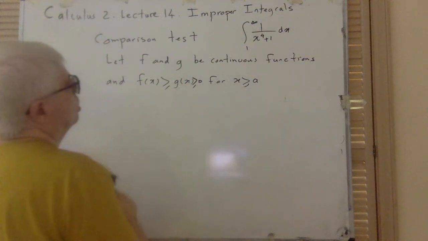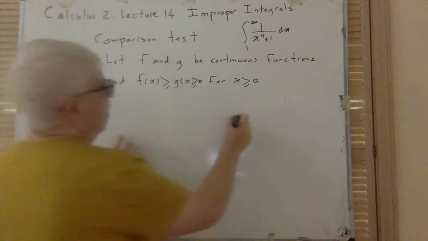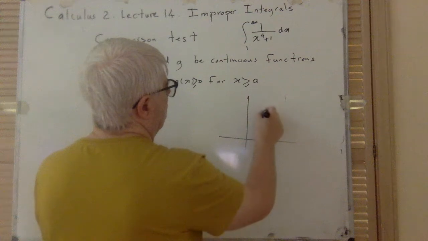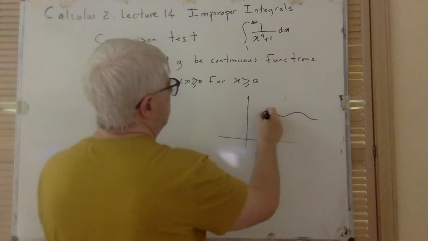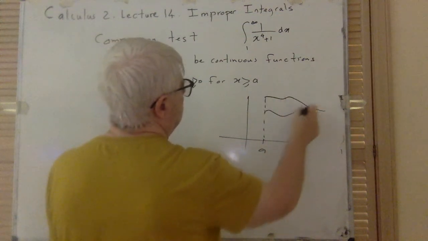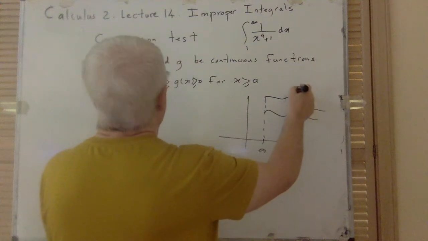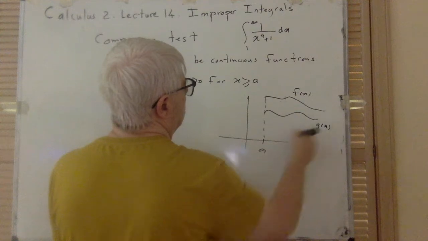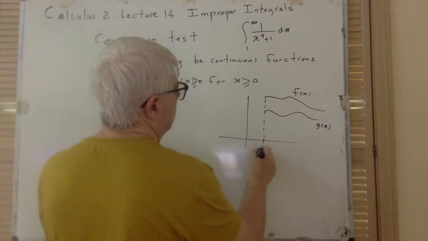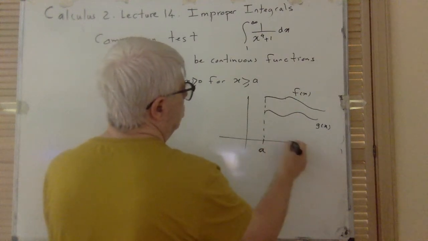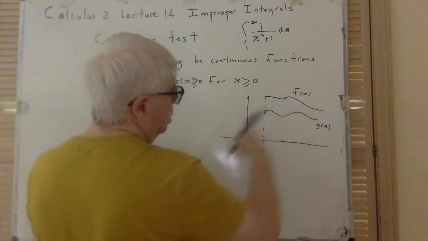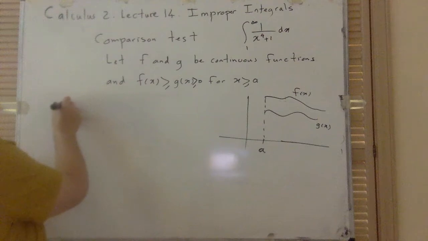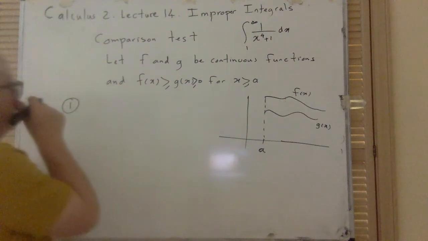So these two functions are like this. Say a to infinity, this might be f, this might be g. F, in fact, is bigger, and g is lower, from a to infinity. So from a to infinity, this one is above this one. Not a, let's say 1. We have f over them.